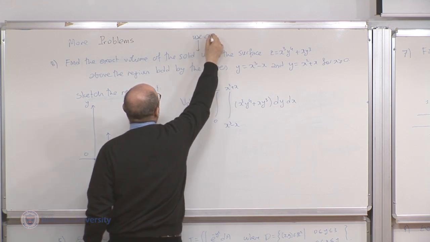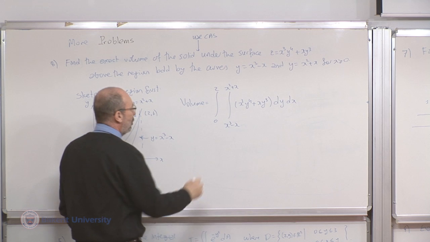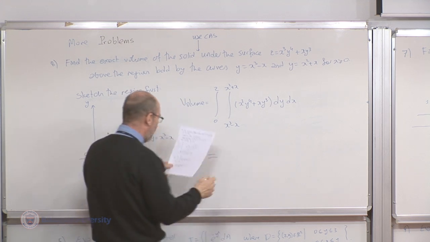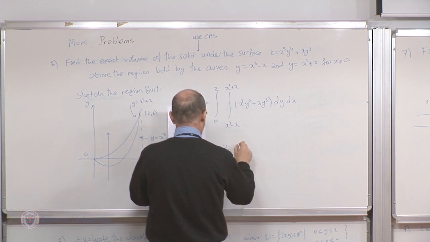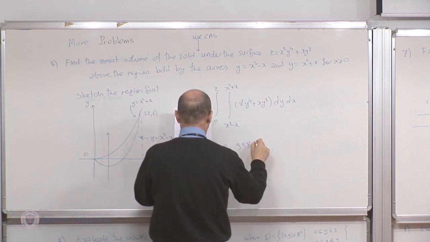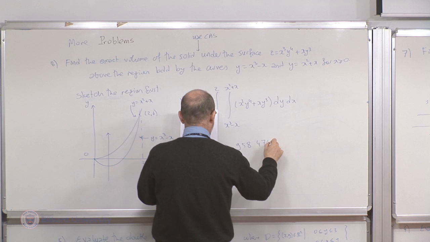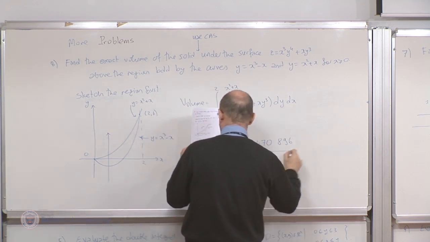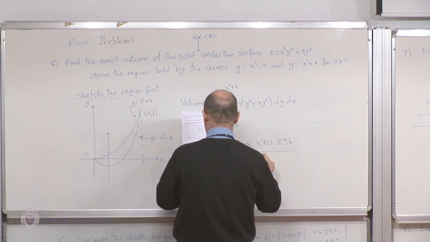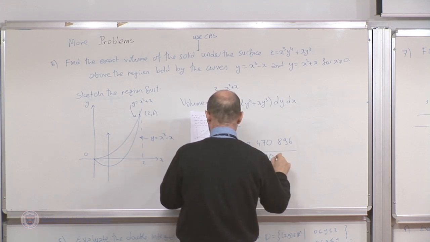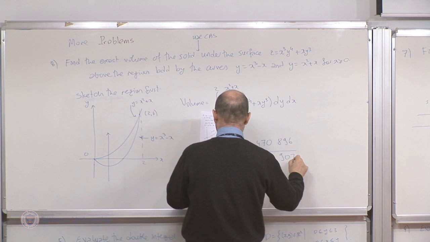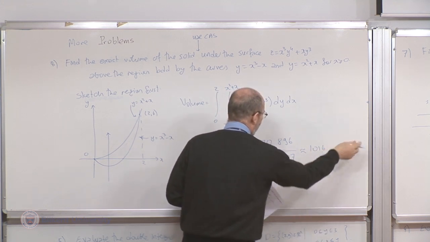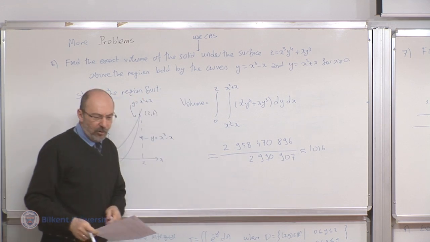So use a computer algebra system. And the answer, I'll write the answer and you'll understand why. This is 2,958,004,000,470,896 divided by 2,990,907, which is approximately 1,060 something.